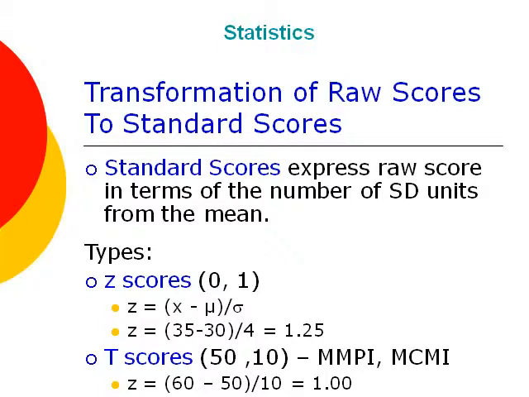If we subtract 50 from 60 and divide by 10, we receive a score of 1. Many personality tests use t-scores, the most important of which are the scales of the MMPI and the MCMI. Before going to the next slide, see if you can determine the z-score associated with a t-score of 35.